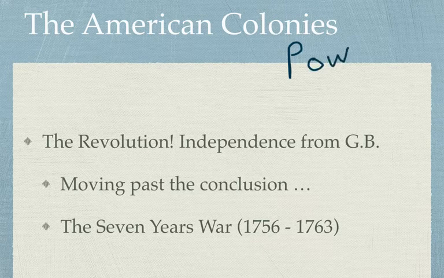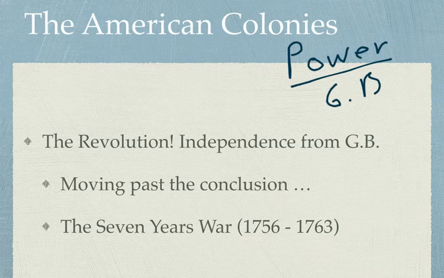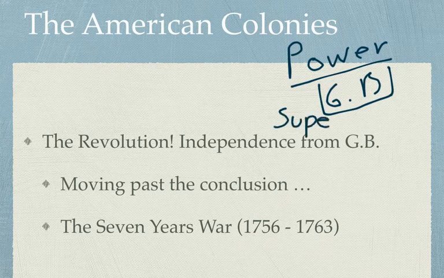The power structure at that time was one that favored Great Britain significantly. Great Britain was, I mean, we wouldn't have used this term then, but we might as well call it a superpower at the time. It controlled most of the world. It was said that the sun never set on the British Empire.